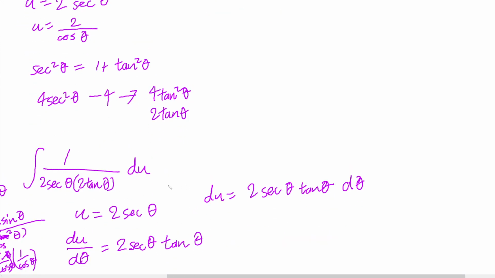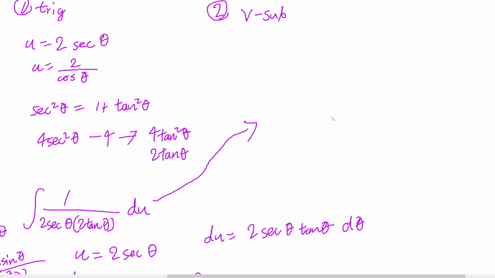So anyway, back to actually solving the integral, you get the integral of 1 over 2 sec theta times 2 tan theta du is equal to the integral of 2 sec theta tan theta d theta over, and then these two factors of 2 multiplied to become 4 sec theta tan theta.